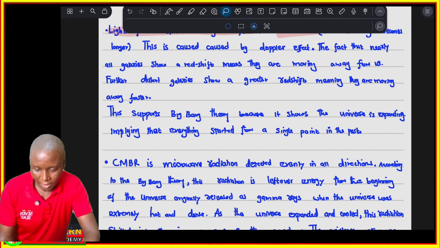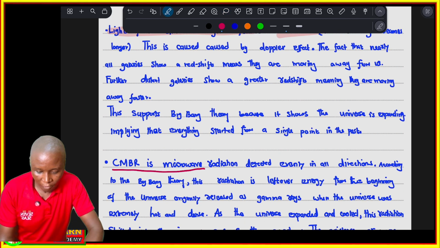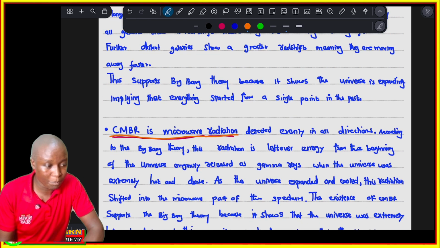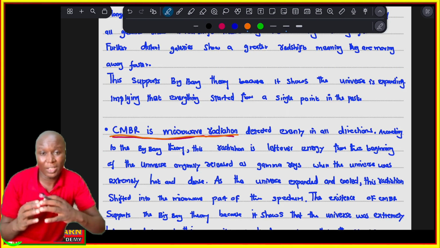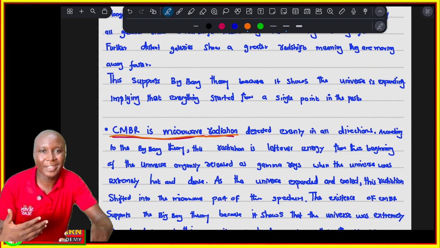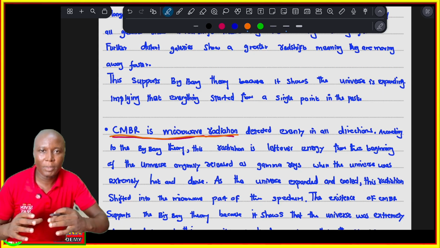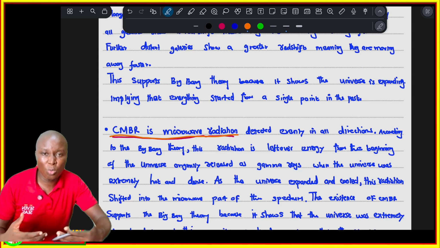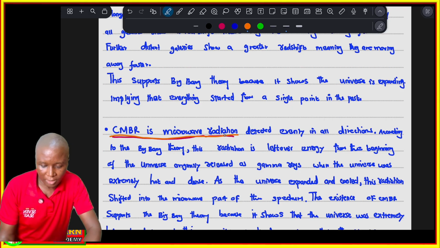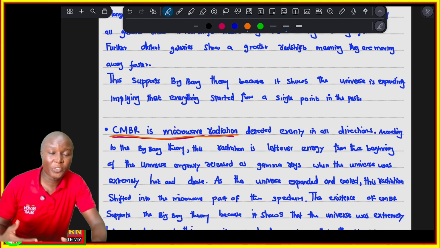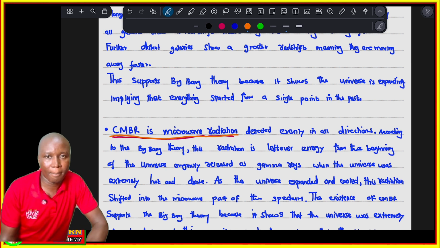Another aspect that you are going to look at in that question is the presence of microwave background radiation, CMBR, which is present everywhere, which means that during the Big Bang, the universe was hot and dense. Since the universe is expanding, it means that the universe has cooled over time, and the radiation, the gamma radiation that was initially there, has stretched and shifted to the microwave section.